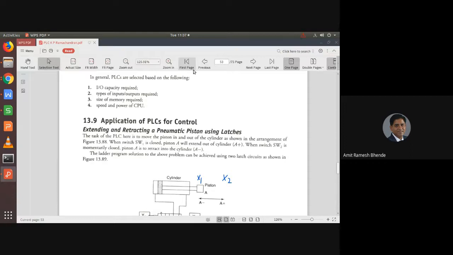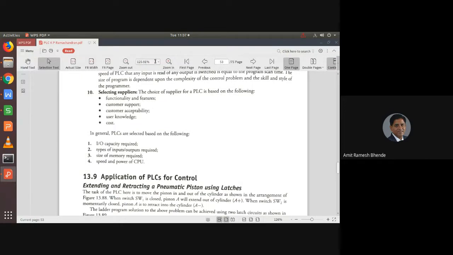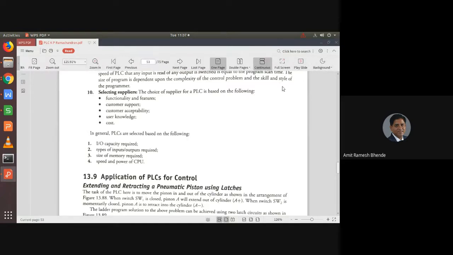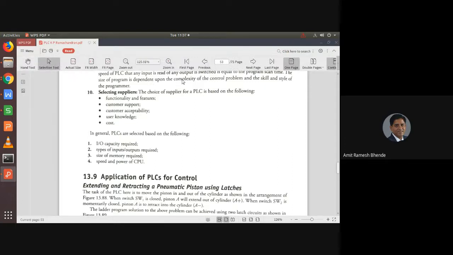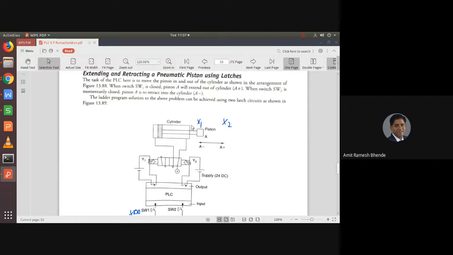Here you can see the pneumatic cylinder, and this pneumatic cylinder has got its piston, and this piston is extended and retracted.